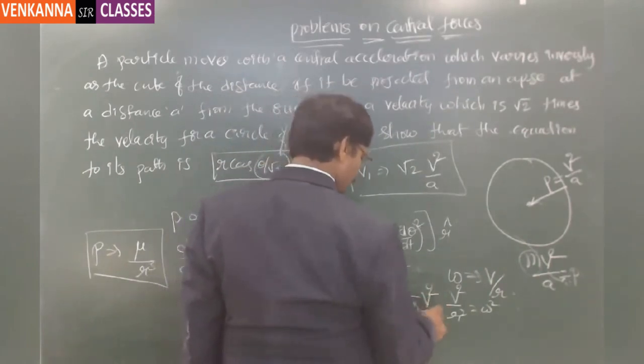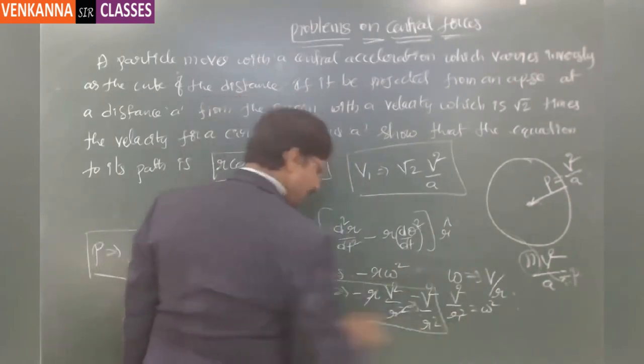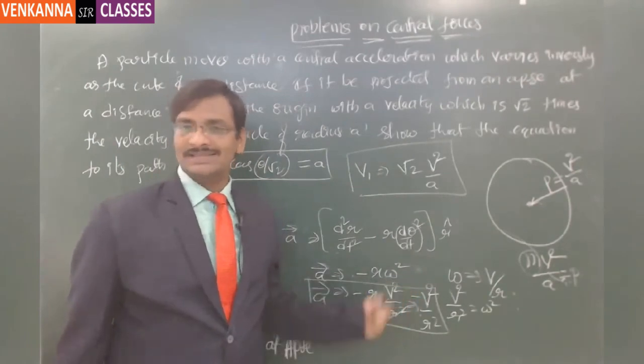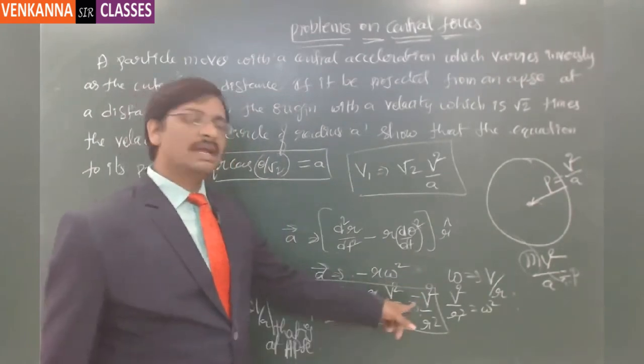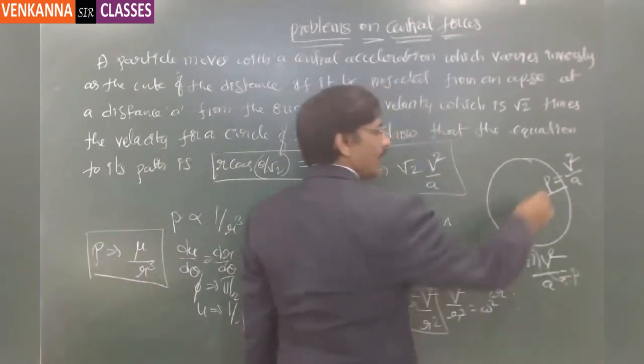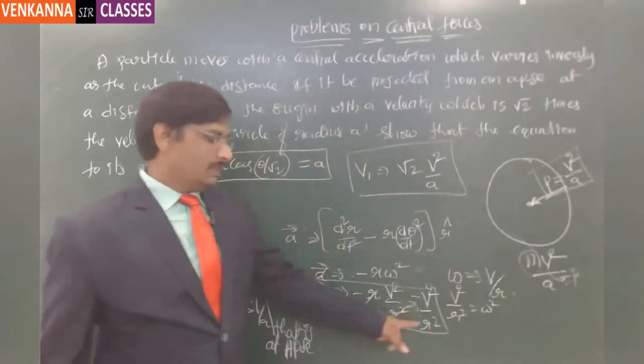Minus v square by r is the acceleration, which we call the central acceleration. This is directed towards the center, which is the decreasing direction of the radius, so this negative sign can be taken as in this direction. But the magnitude of the acceleration is going to be p equal to v square by r.